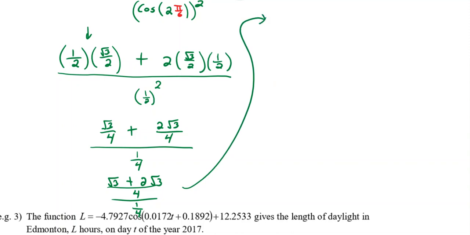So that's going to be root 3 plus 2 root 3. Well, actually, why don't we just combine those right now? Let's call that 3 root 3 and then over 4 times, and then flip this, right? When we're dividing by a fraction, we'll multiply by the reciprocal, so that'd be 4 over 1. So our 4's cancel. So this is just 3 root 3.